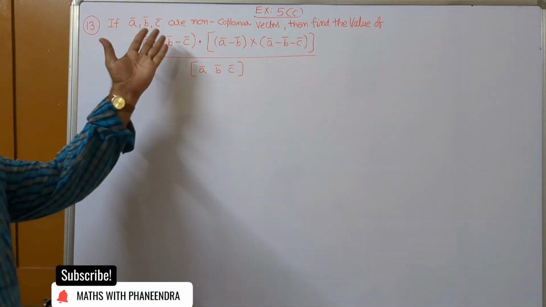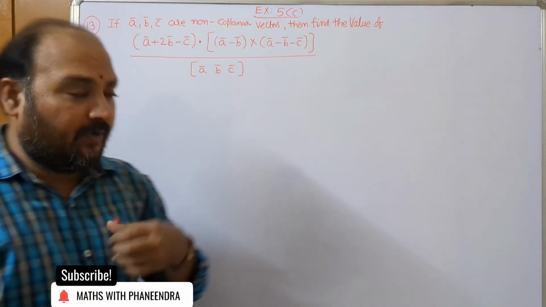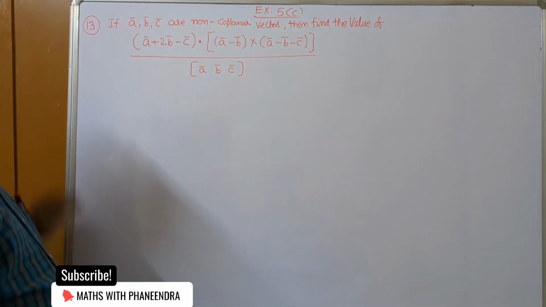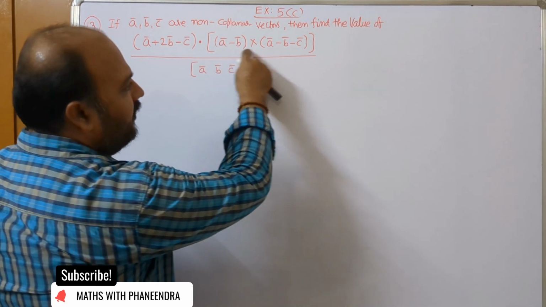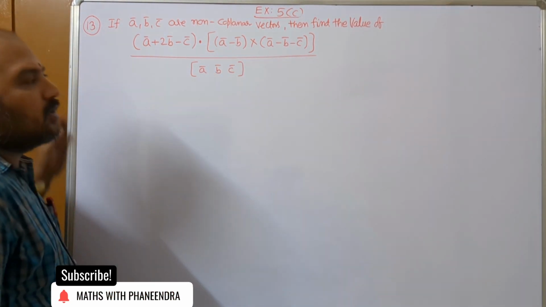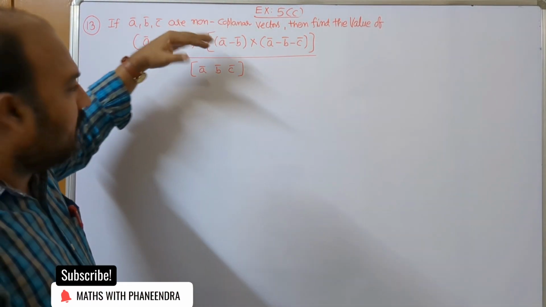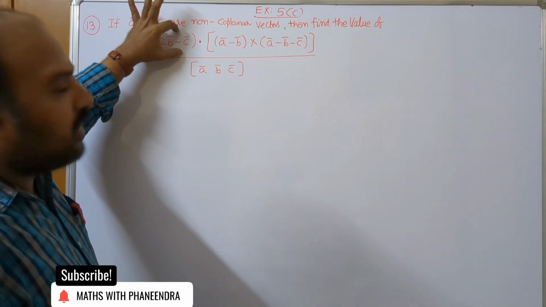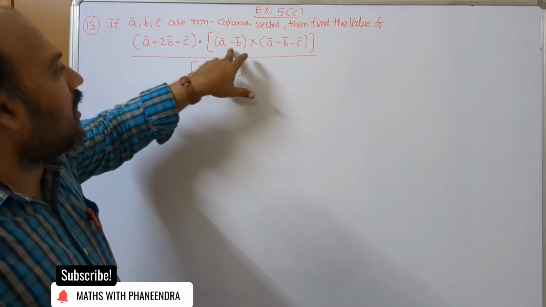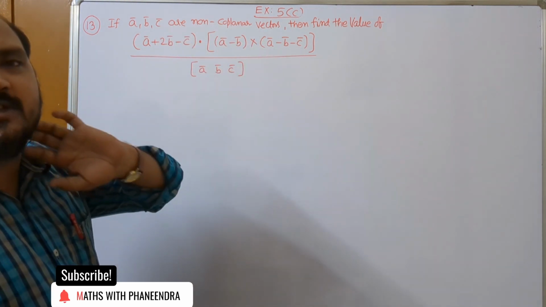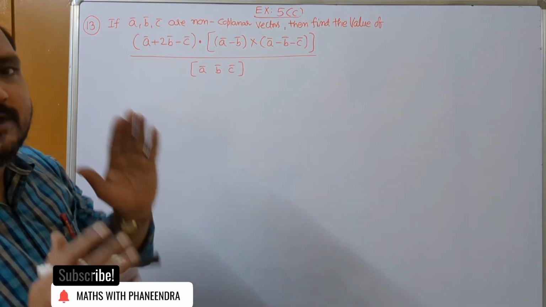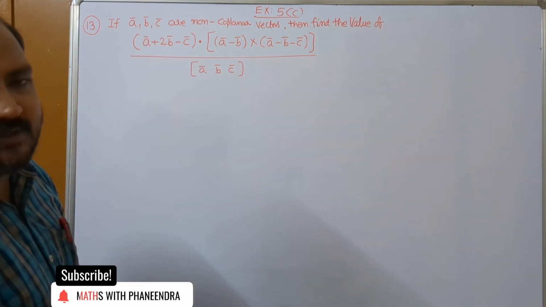If A bar, B bar, C bar are non-coplanar vectors, then find the value. So here observe, dear students, this is one vector, this is another vector, this is the third vector. Among these three in the numerator, one vector dot the cross product of the other two vectors. One dot, one cross means what? It is equal to the box of the vectors.